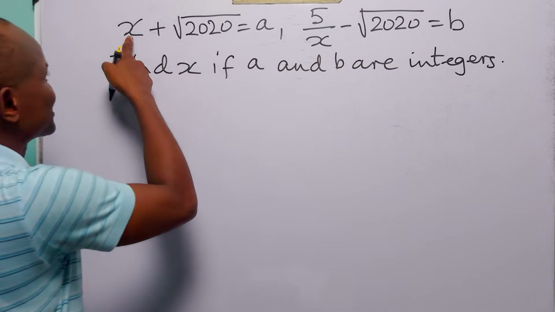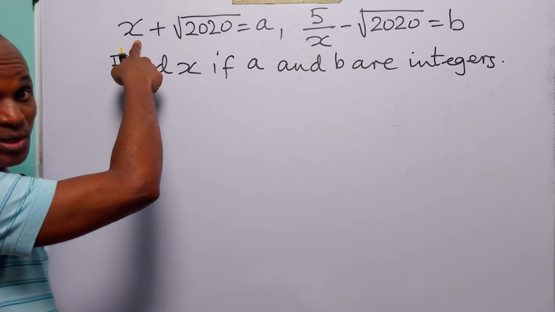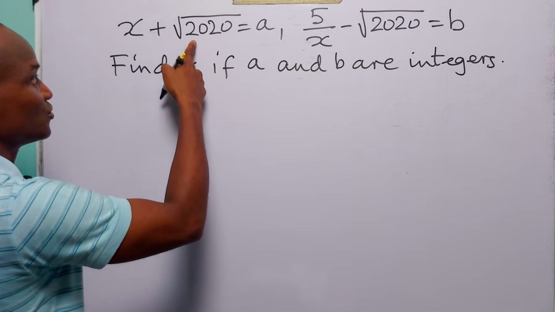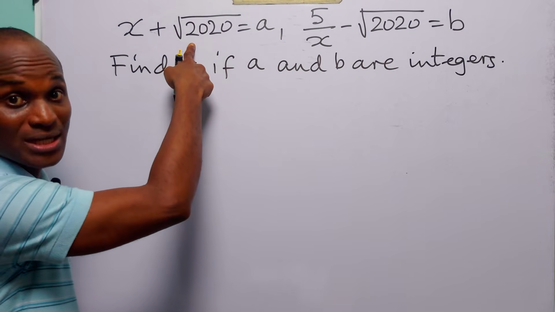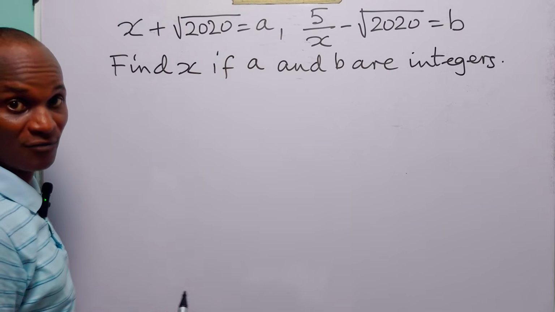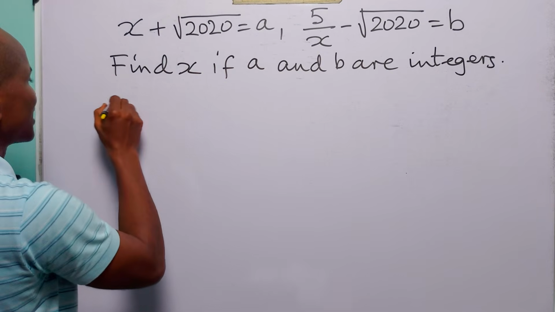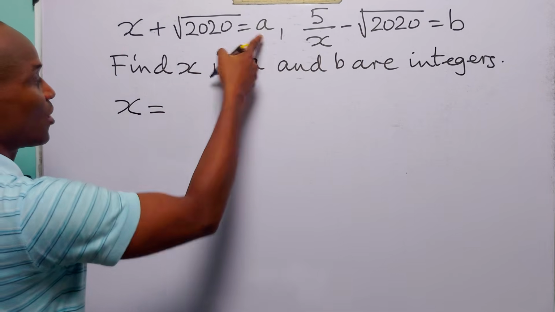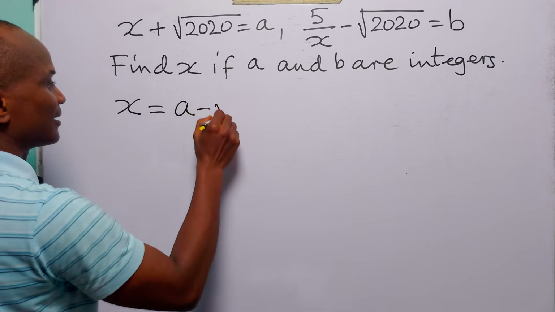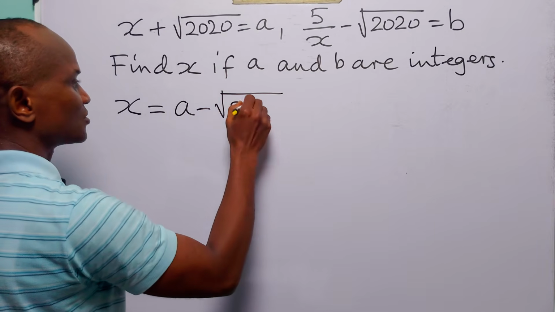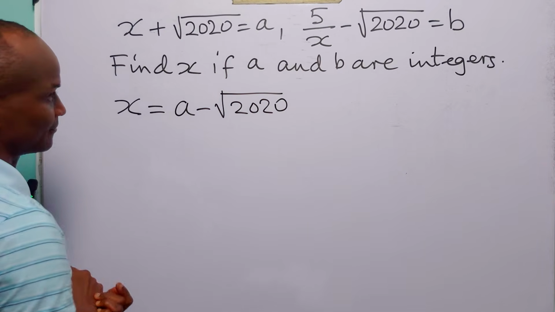Now, we can get an expression for x from this first equation. To do that, all we have to do is to subtract root 2020 from both sides of the equation. When we do that, we have that x is equal to a minus root 2020.